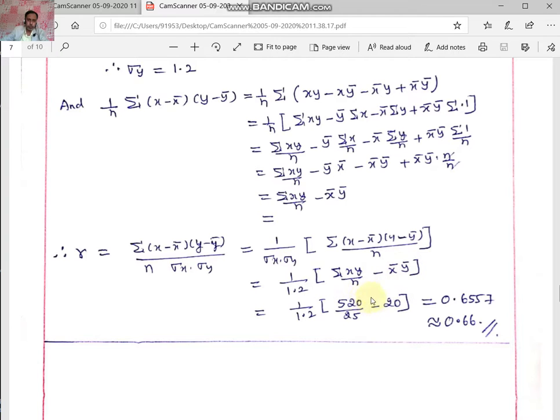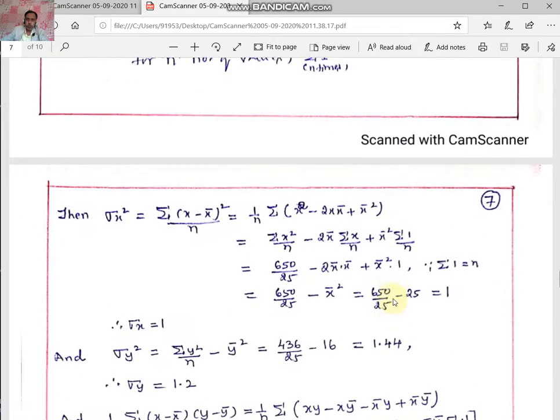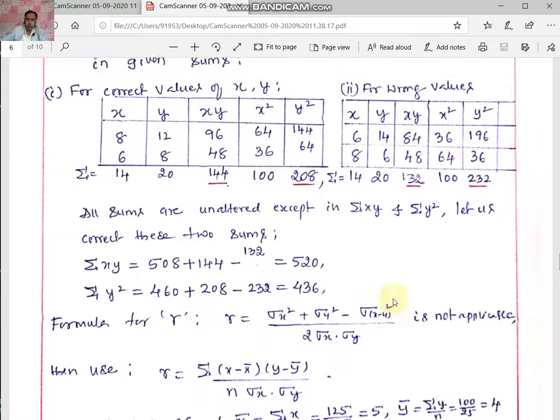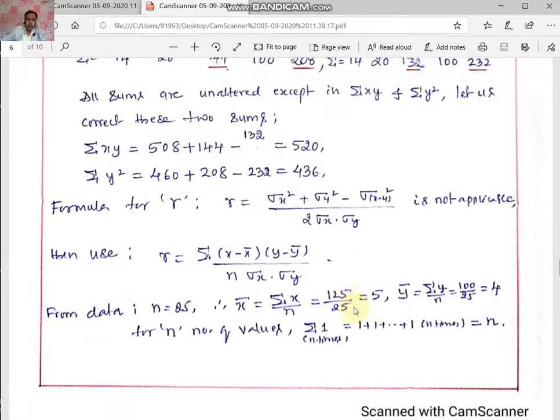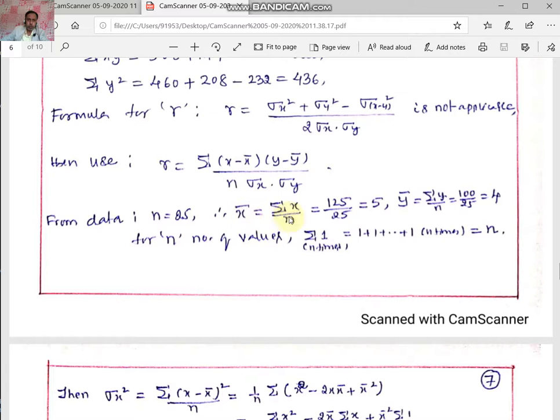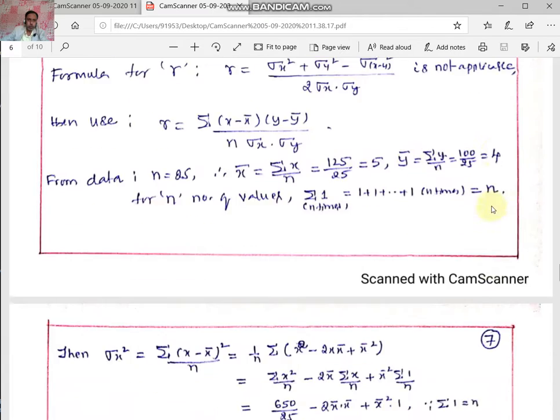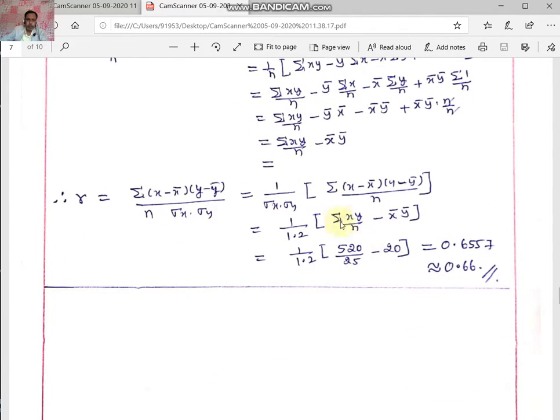Sigma x is 1, sigma y is 1.2. Substitute values: sigma xy is 520, n is 25, minus x bar y bar. x bar is 5, y bar is 4, so it is 20. Simplify this, it will be 0.6557, approximated as 0.66. So correlation coefficient is 0.66.